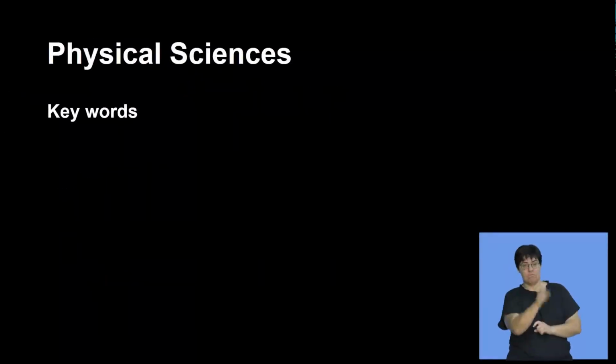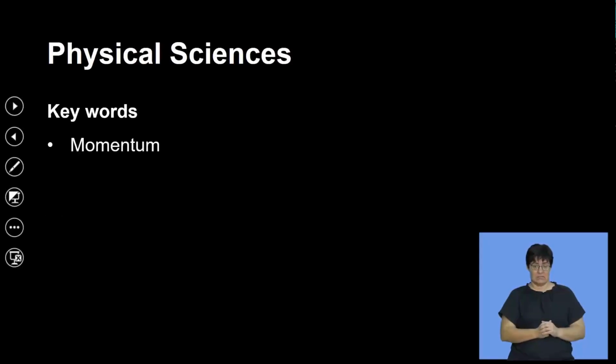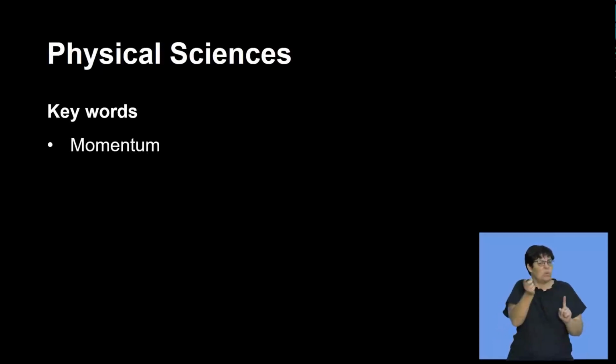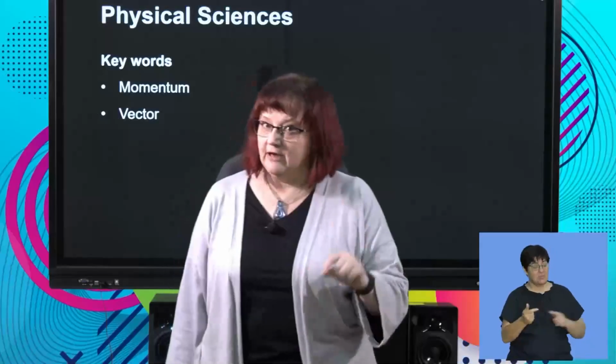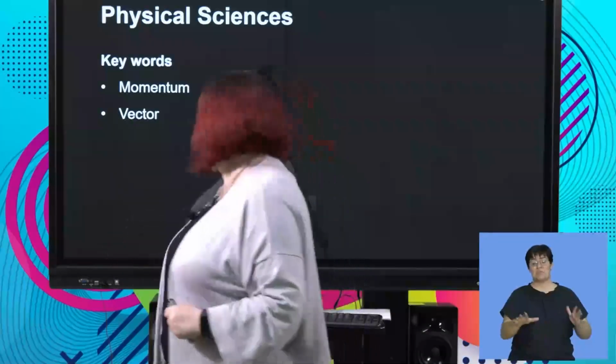Here are our keywords. First one is momentum. Okay, what is momentum? What does it do? What is it? How do we work with it? Then we're going to look at the term vector again, and I can hear the groans. Momentum is a vector, so it's a very important thing to look at, okay?